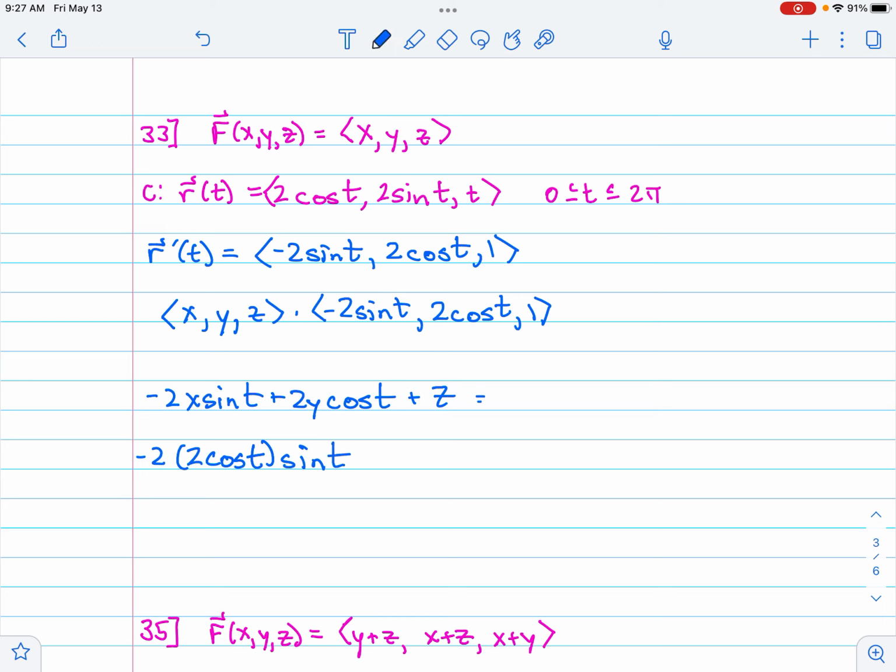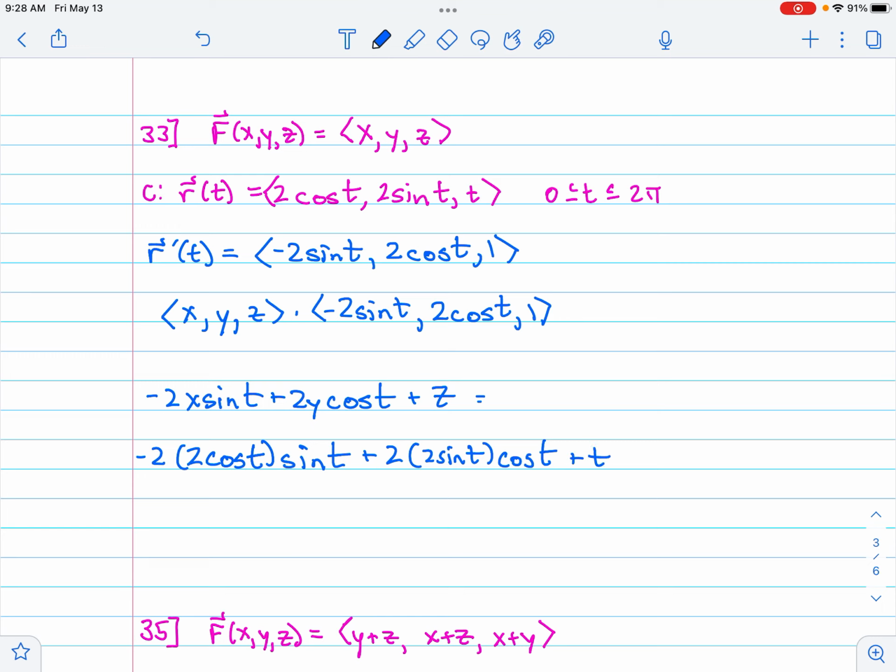Okay, so that takes care of this first one, the negative 2x sine t. Plus 2, let's see what y is. Y is 2 sine t. So 2 sine t cosine t plus z, and z is equal to t.